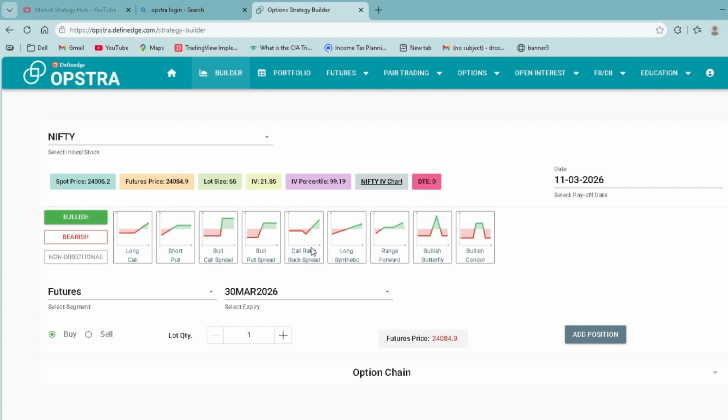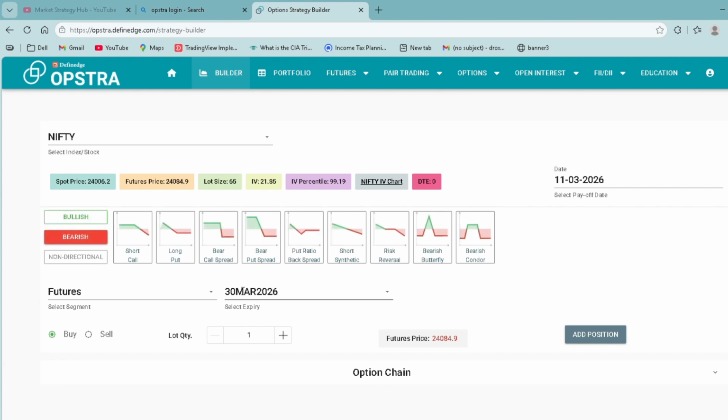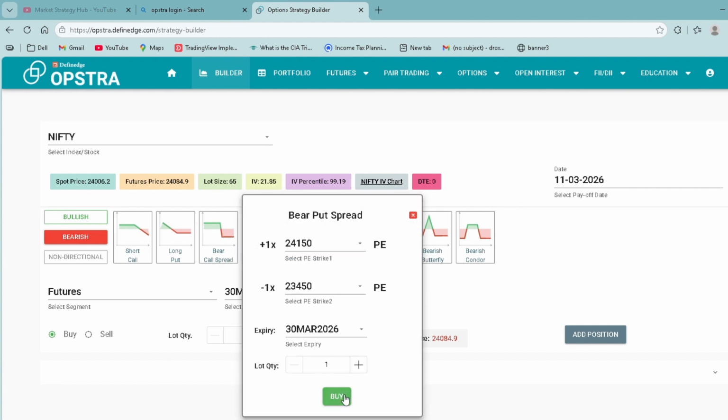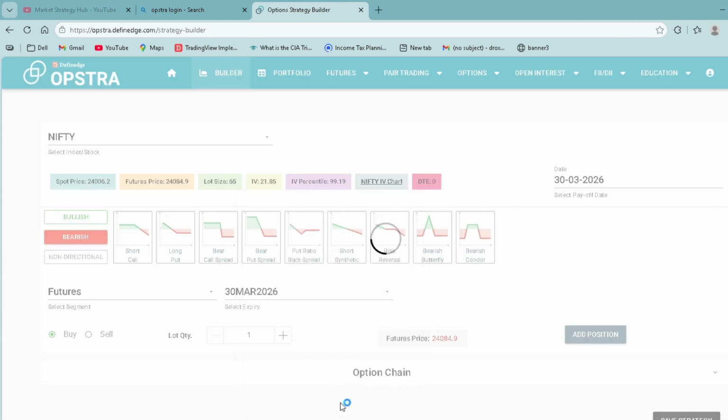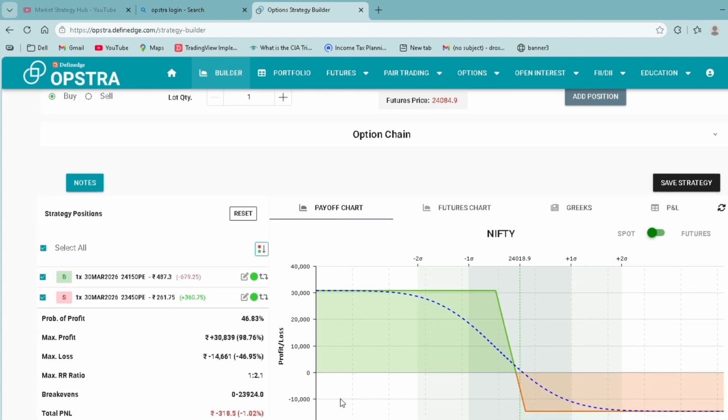When the market is slightly bearish, or if the trader thinks the market will fall, one simple strategy a beginner can use is the bear put spread. Let me choose this one. We'll choose bear put spread. This is a strategy.